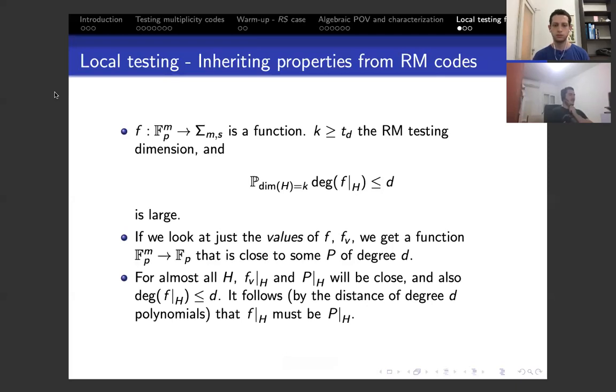Now, since pointwise f and P are close, and since the k-dimensional subspaces form a uniform selection space, then we know that f restricted to H and P restricted to H will also be close. And also we know that the degree of f is less than d on H, and this is for almost all H. And again, when I'm saying the degree is less than d, this is including multiplicities. So including multiplicities, we know that f on H coincides with P on H.